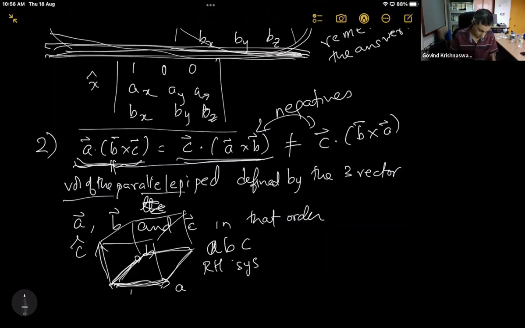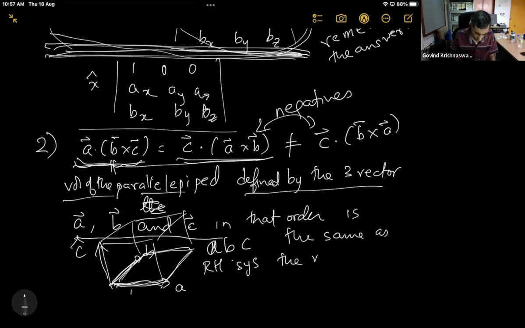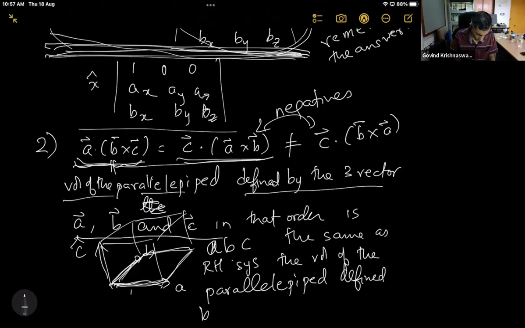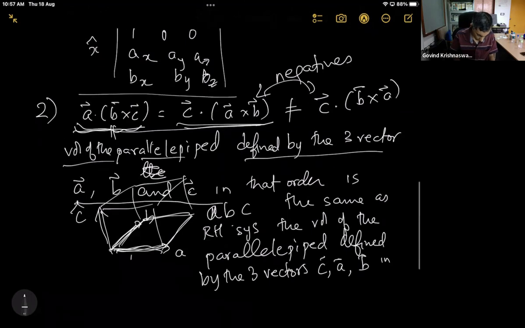I'm sorry, I have actually not even written a sentence, which I need to correct. So the volume of the parallelepiped defined by the three vectors A, B, and C in that order is the same as the volume of the parallelepiped defined by the three vectors C, A, and B in that order.